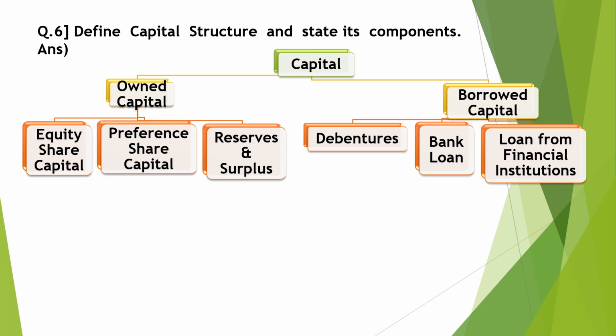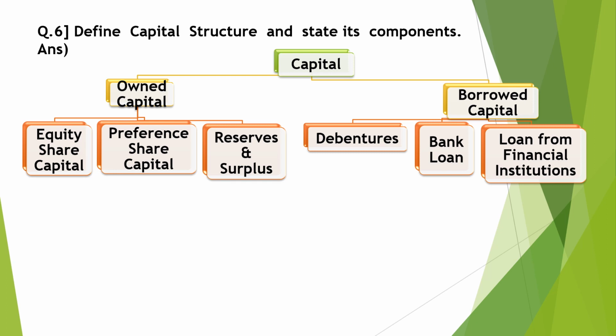Not only that, it also has to raise capital by means of loans, that is in the form of debentures, bank loans, loans from financial institutions, public deposits, etc. So the capital is nothing but a mix of these various sources.